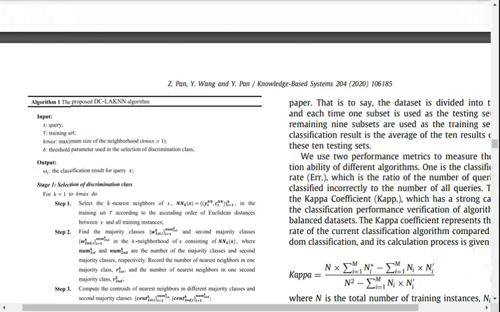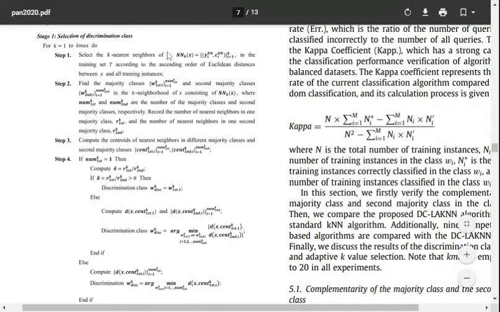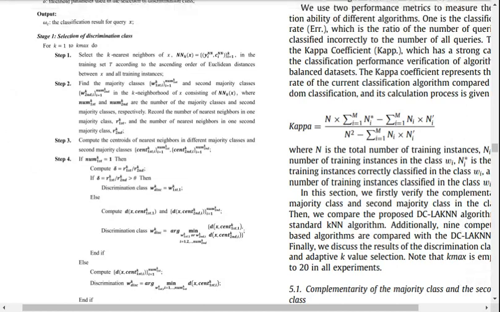And this threshold is chosen by yourself, and it is used for stage one, the stage of discrimination class, which I explained on that image.